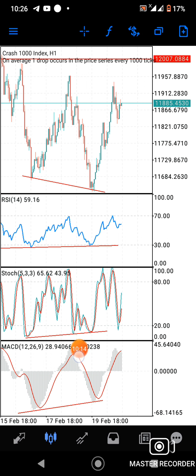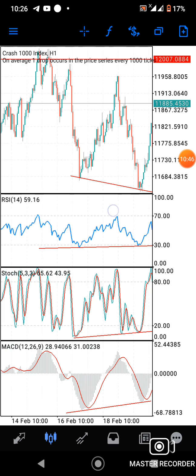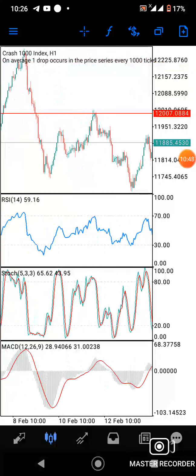Practice one for maybe a whole day or a whole week, and once you are familiarized with one, you can keep adding two or three. For people asking which one is better, you can add the three and keep back testing it.